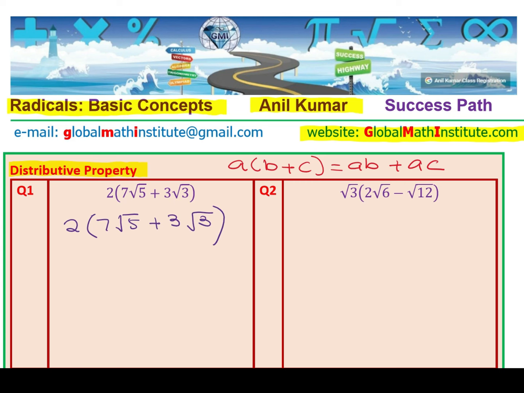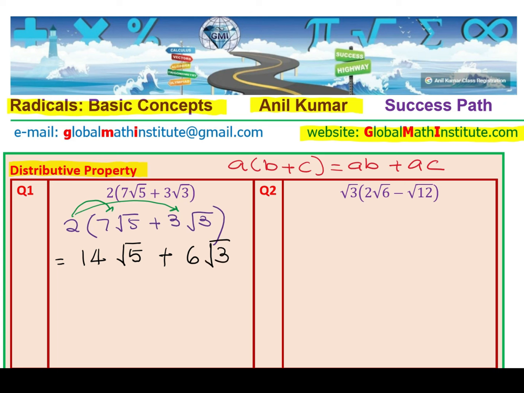Now, we'll multiply 2 with the first term, which is 7 square root 5, and also with the second term with the plus sign. So once I do that, what do I get? 2 times 7 is 14, and then we have square root 5 plus 2 times 3, which is 6 square root 3, correct? So that is what we get.